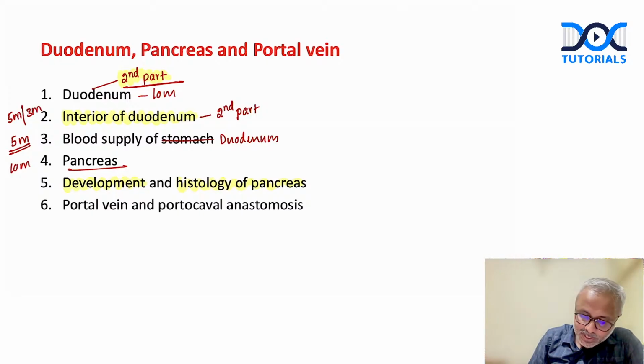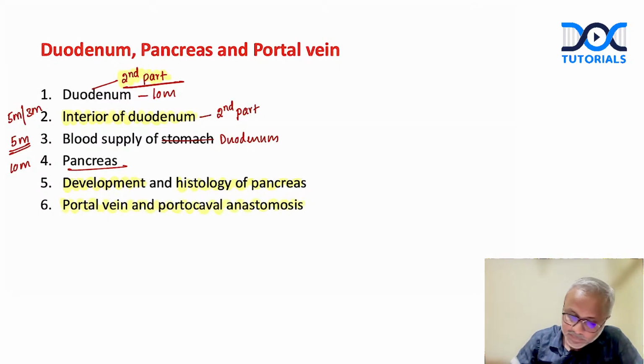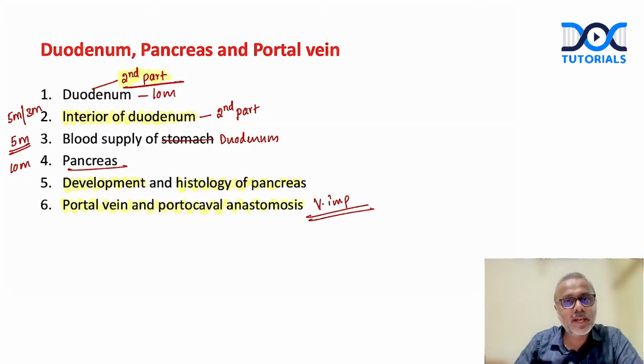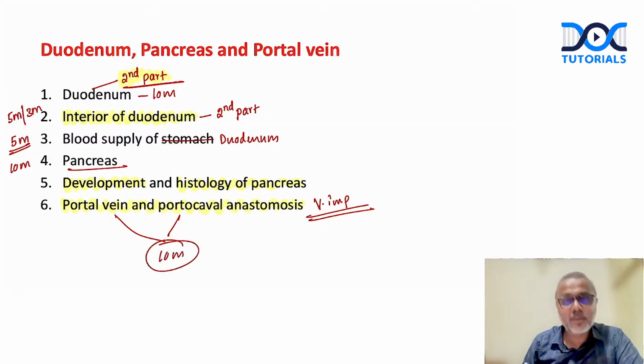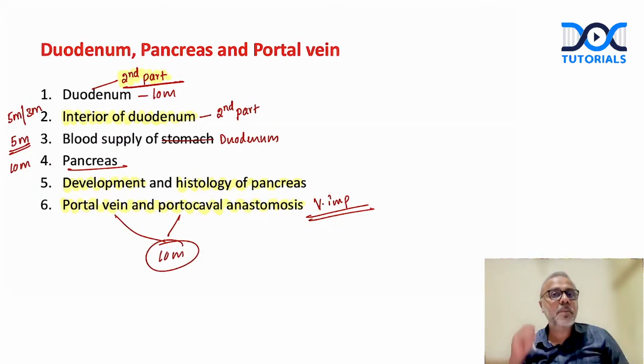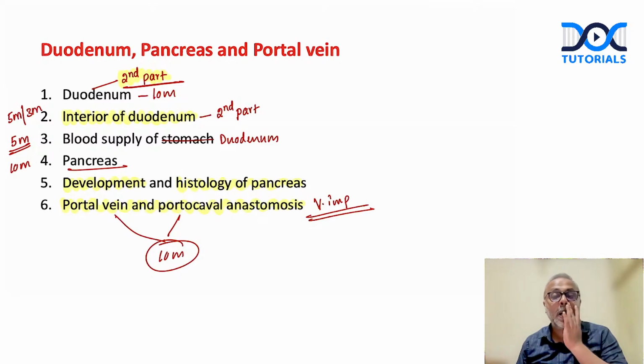Then the portal vein, as we discussed in the previous slide itself, is a very important topic for your exam, right? Potential 10 marker question. Define portal vein, mention its formation, termination, tributaries, and area of drainage, and then portocaval anastomosis.